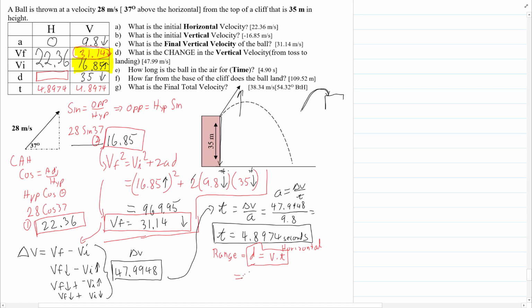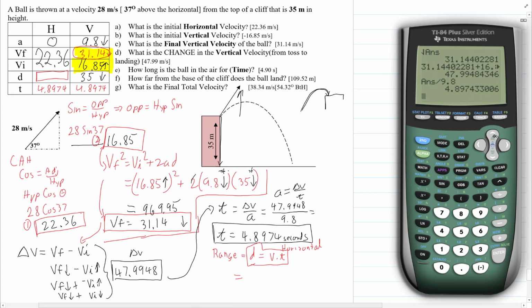That's just going to be the velocity, which is number 1, times the time, which is e. Both these numbers are on the calculator, don't have to punch them in. So we take the time and multiply it by the velocity, which was the 22.